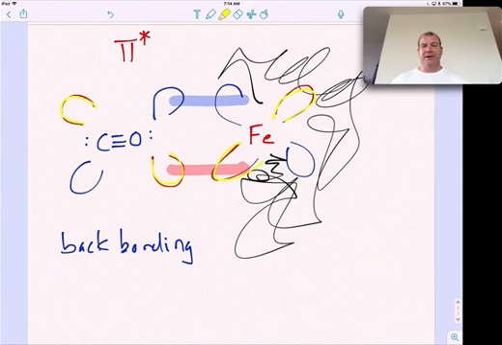This open orbital can grab electron density away from the iron. So when the carbon monoxide comes along, it will grab electron density away from the iron and it'll weaken the bond. So that's one way. What's one way you can break bonds? Add electron density to it, at least add electron density to the anti-bonding orbital. Adding electron density to the anti-bonding orbital will break the bond.